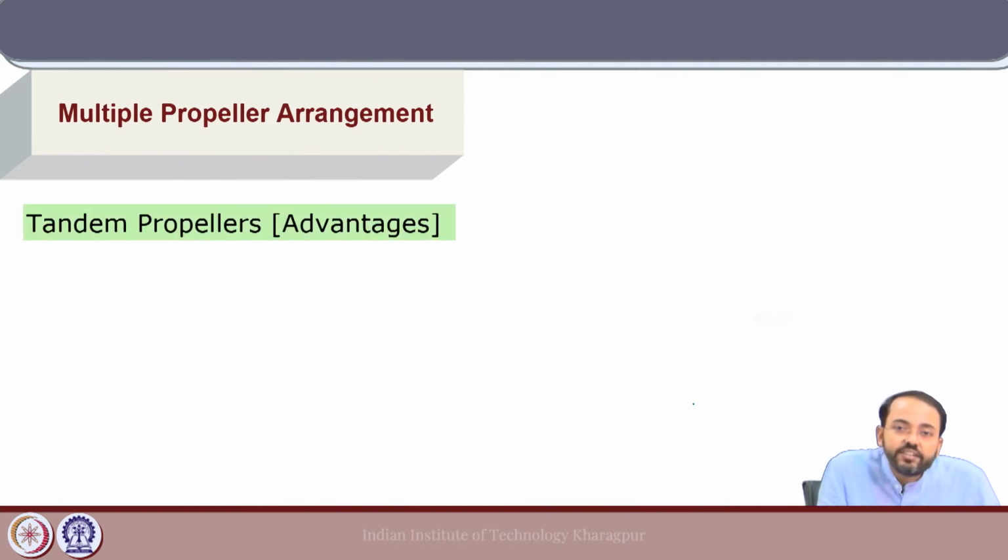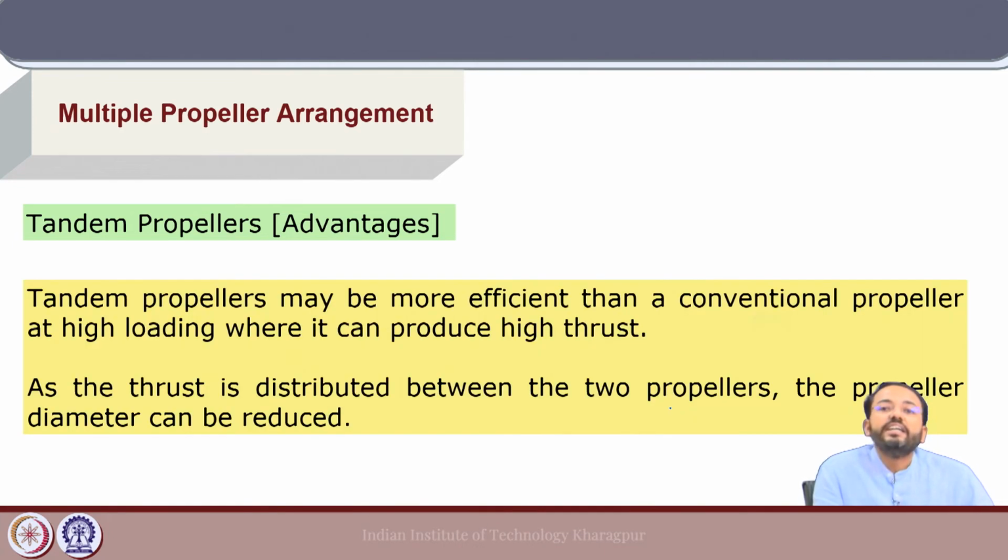What are the advantages of tandem propellers? In very high thrust loading conditions, which correspond to very low values of advance coefficients, a tandem propeller, where we have a forward propeller and an aft propeller rotating in the same direction, can provide higher total thrust as compared to a single conventional propeller, and the efficiency for high thrust loading conditions can also be slightly higher than a single propeller.